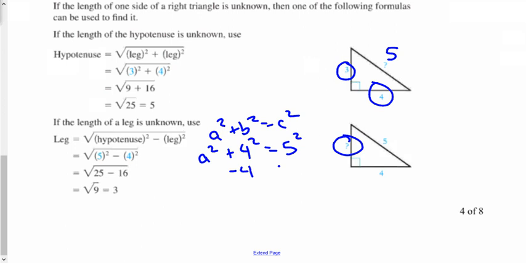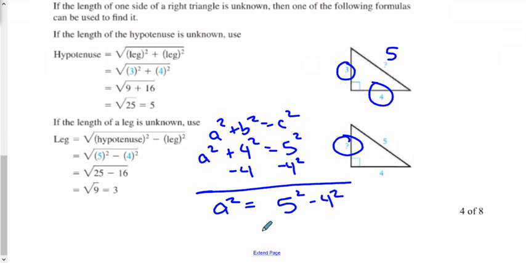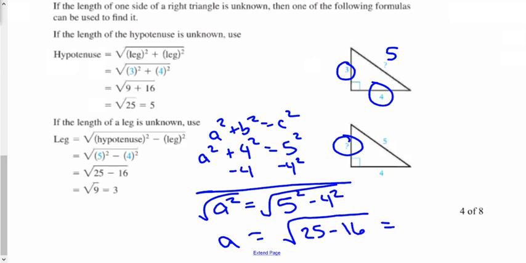Then I would subtract 4 squared from both sides. So a squared equals 5 squared minus 4 squared. Then we would square root everything. So I get a equals the square root of 5 squared, 25, minus 4 squared, 16. That's the square root of 9, which is just regular 3. So this side length is a regular 3.